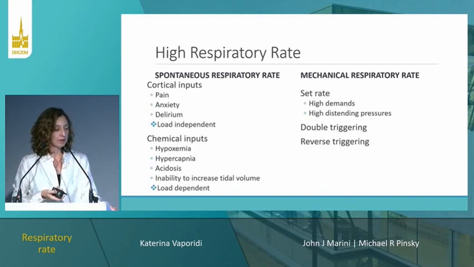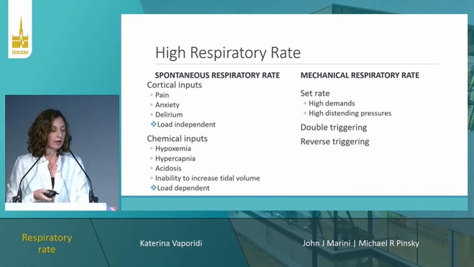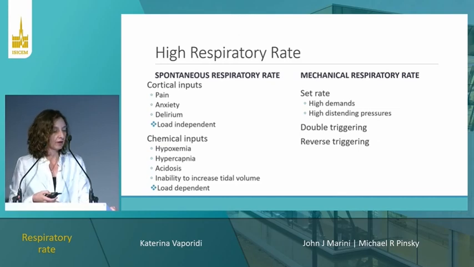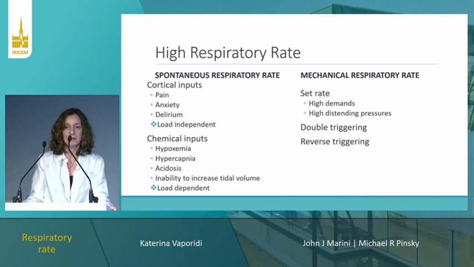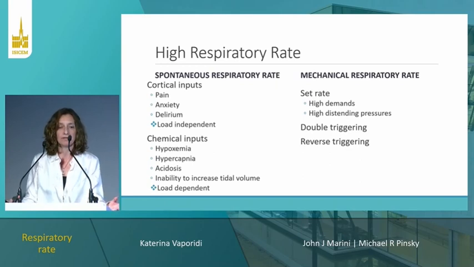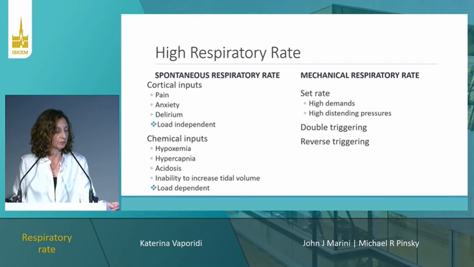So a high respiratory rate. Let's discriminate between spontaneous and mechanical rate. We can have a high spontaneous respiratory rate when our patient is experiencing pain, anxiety, delirium. These are cortical inputs, so it's what we call load independent. If you modify the ventilator, the patient's respiratory rate is likely not going to change.